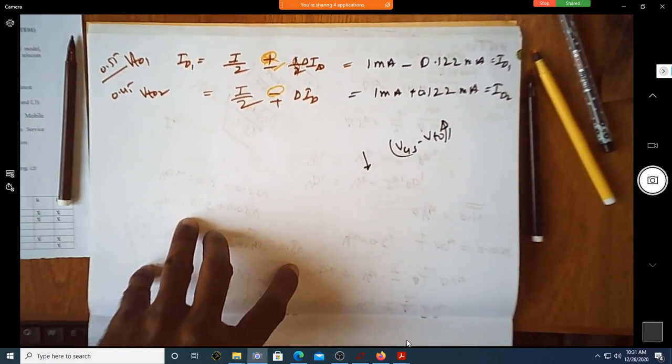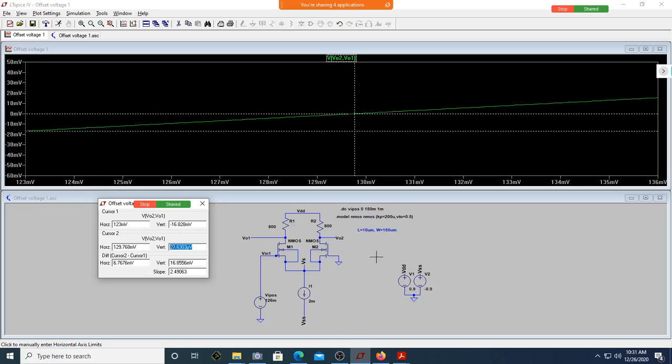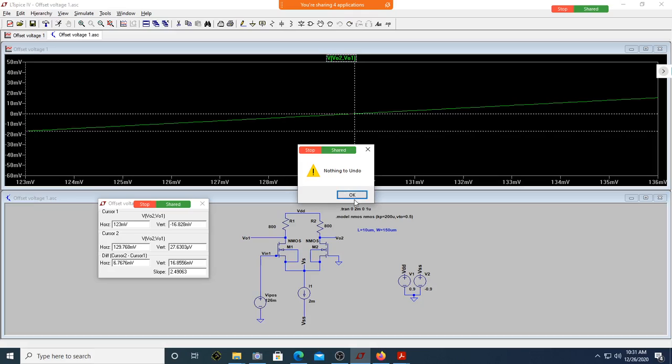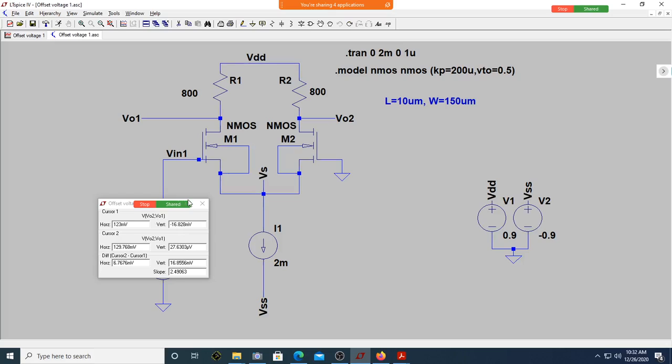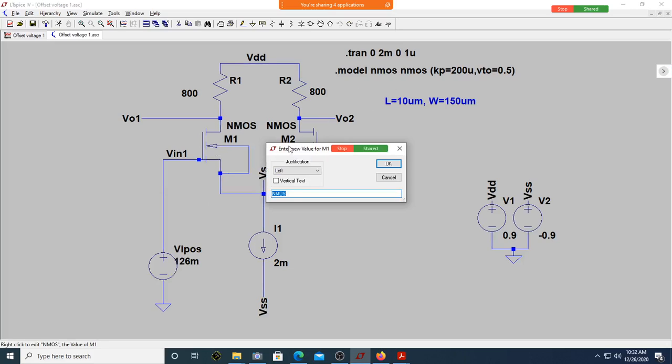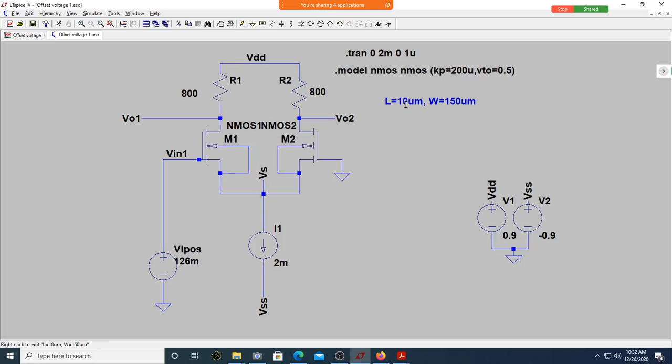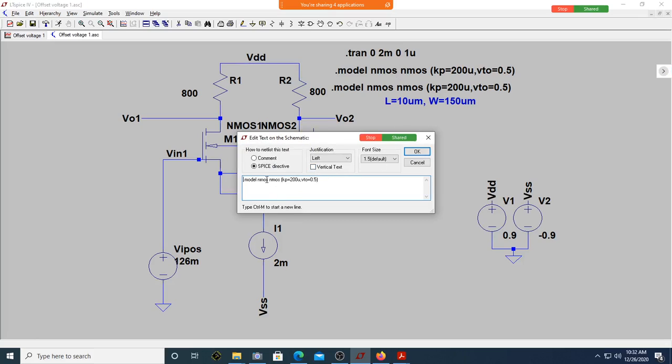Shall we do the simulation, then try to see how much? Now for this I need to have different model files. I'll make this NMOS 1 and this NMOS 2. I will copy this and paste it here.